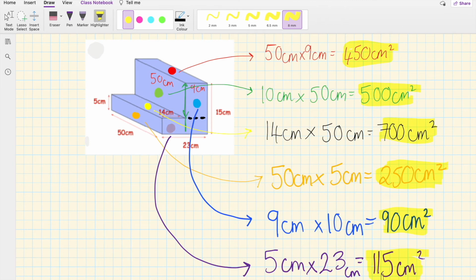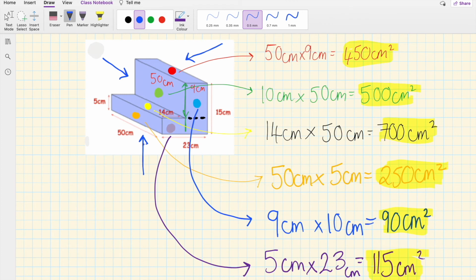I've now worked with all the faces that I can see, but you also need to remember that we have a face looking in this direction, which is actually the same as the total of the blue and the purple. So to work out the area of this, I can add these two together. We then also have the face looking in this direction here, and we also have the base of the shape.